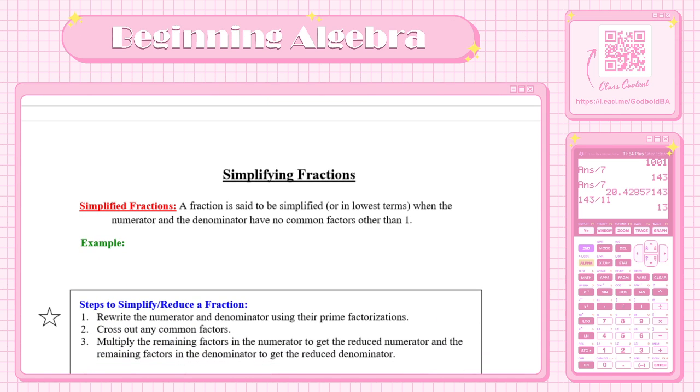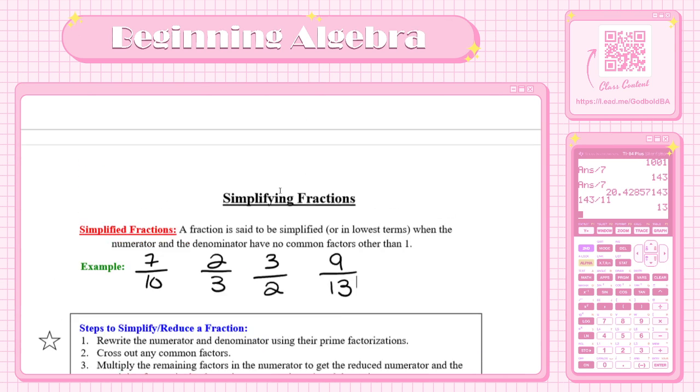Some examples of simplified fractions are 7/10, 2/3, 3/2, and 9/13. An improper fraction is still considered simplified if the numerator and denominator have no common factors.